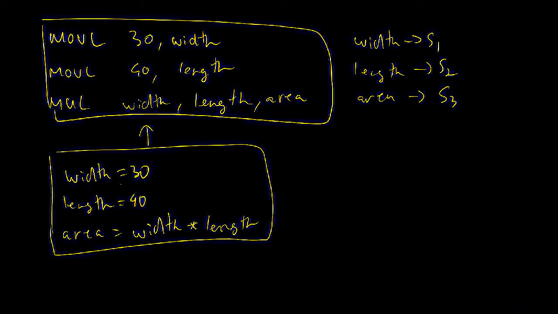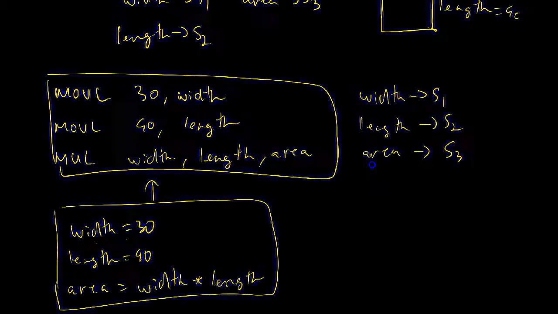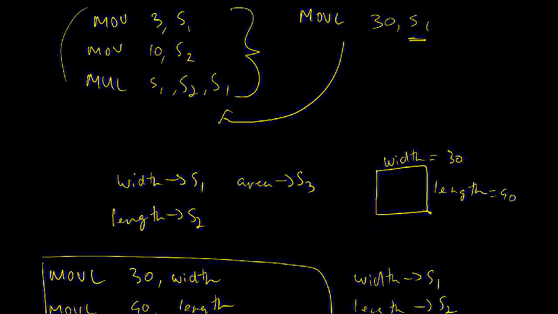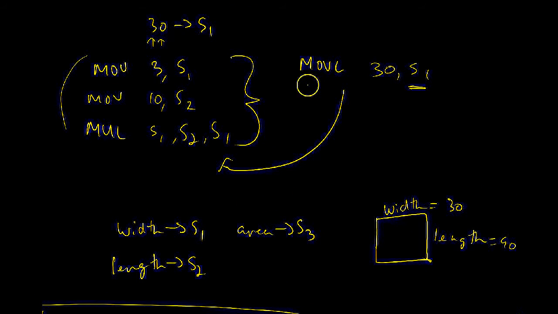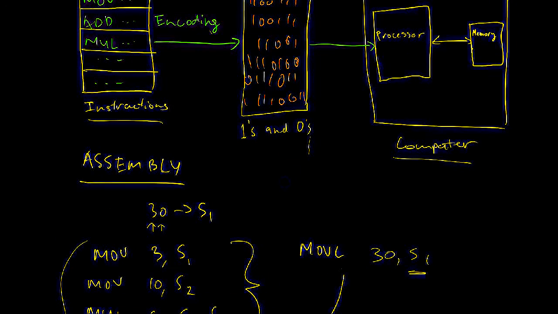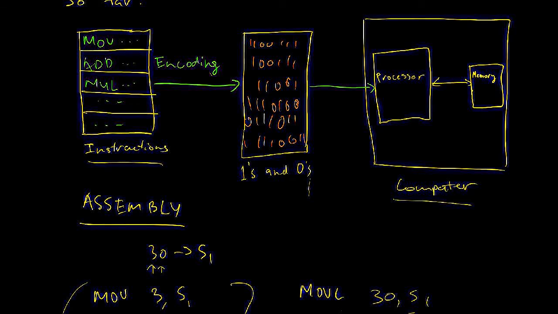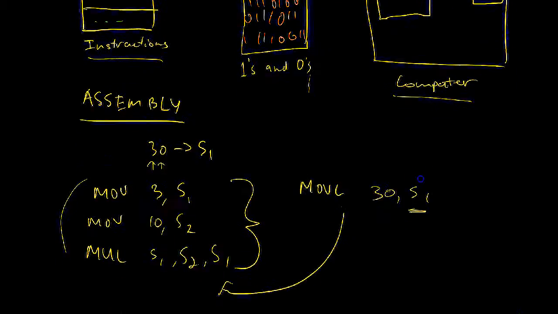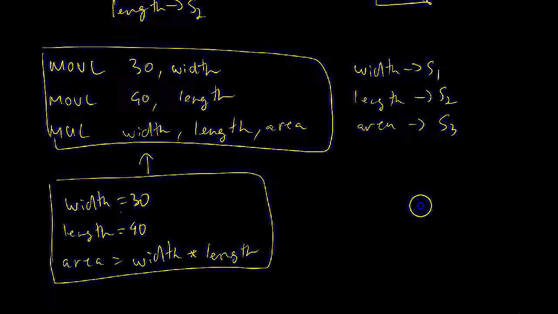And afterwards, after we convert to that, then we pass through and put our S1s and our S2s and our S3s where we actually want to store them. And then, just as before, we convert the move large instructions into the primitive move instructions and multiply instructions that we needed in order to move large numbers into our memory locations. And then again, we encode them in ones and zeros, which again goes into the computer.